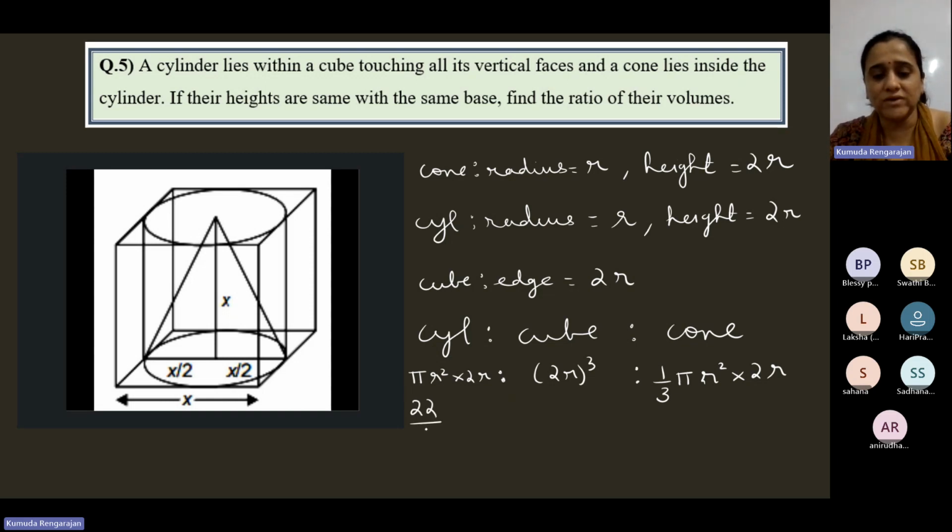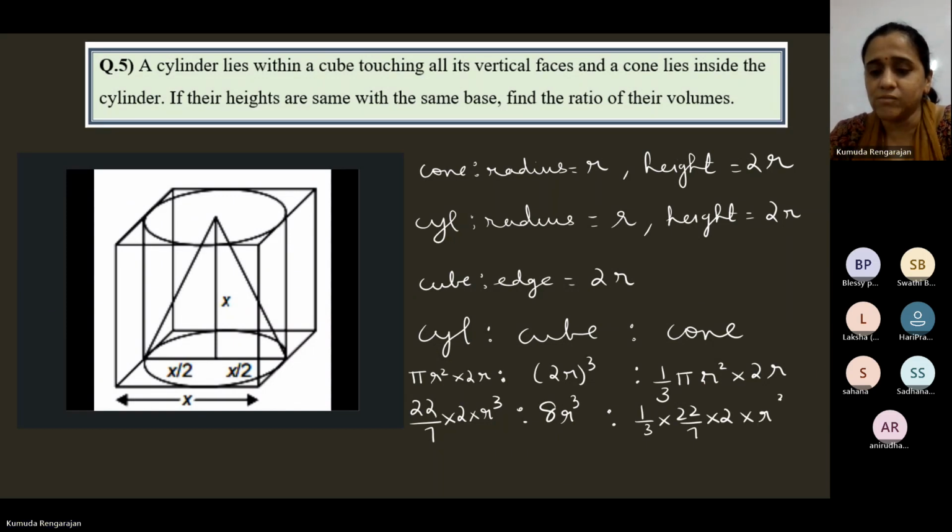So 22 by 7 into 2 into r cubed is to 8 r cubed, because 2r into 2r into 2r is 8r cubed, is to 1 by 3 into 22 by 7 into 2 into r cubed.